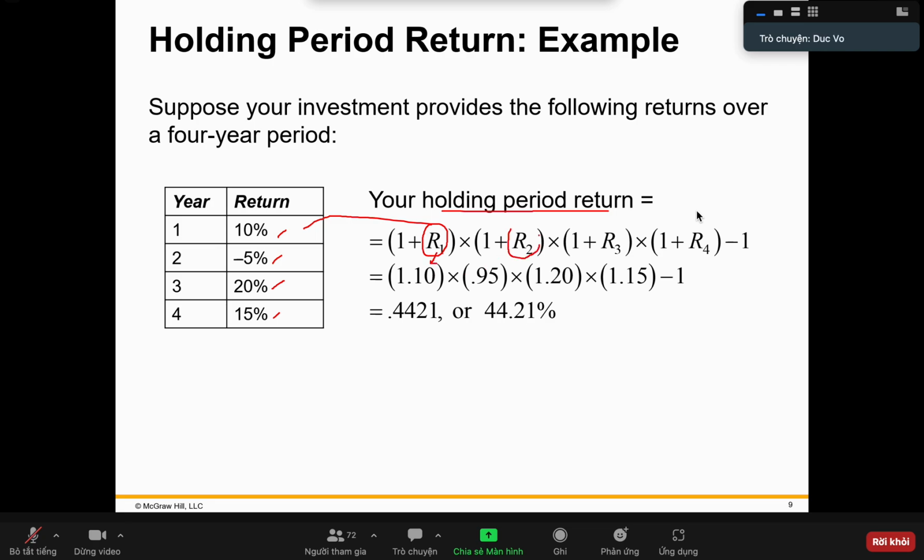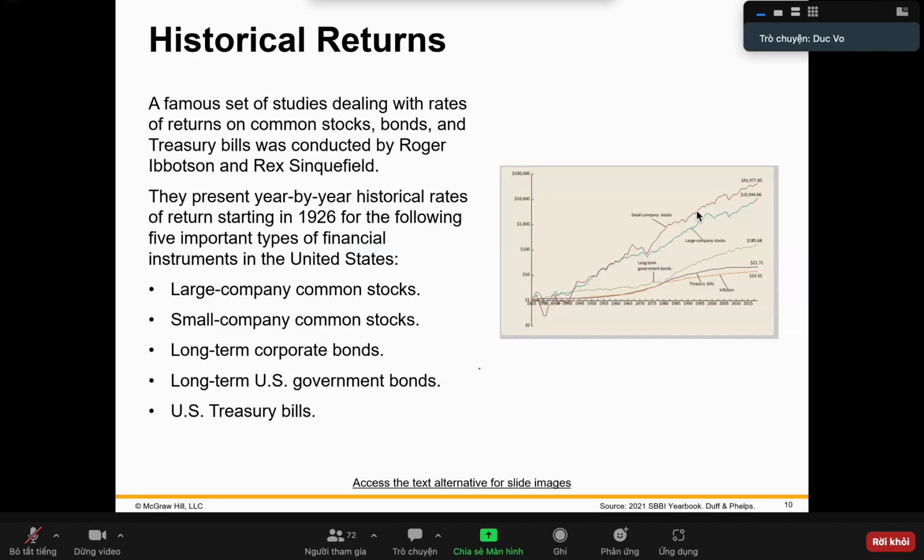For the second year, you lose 5%, so that is 0.95, and so on, and then minus 1. What you get is about 44.2%. What does this mean? It means that when you invest for 4 years, your return is 44.2%. So that is what it means when you talk about your return for your investment of 4 years.